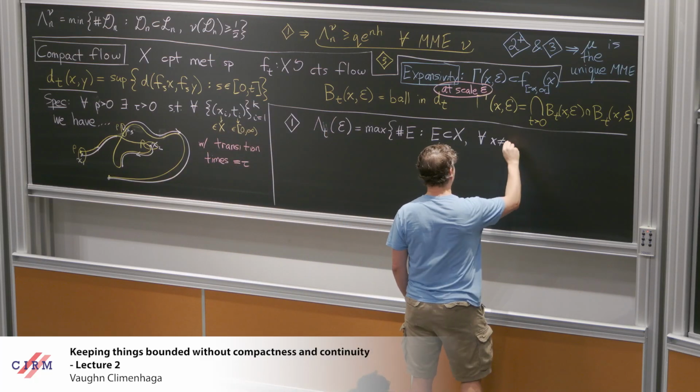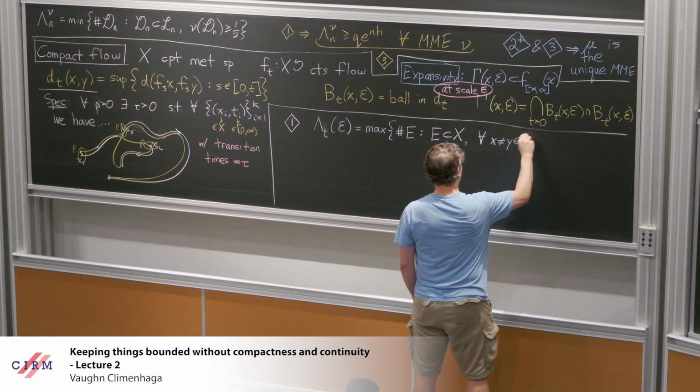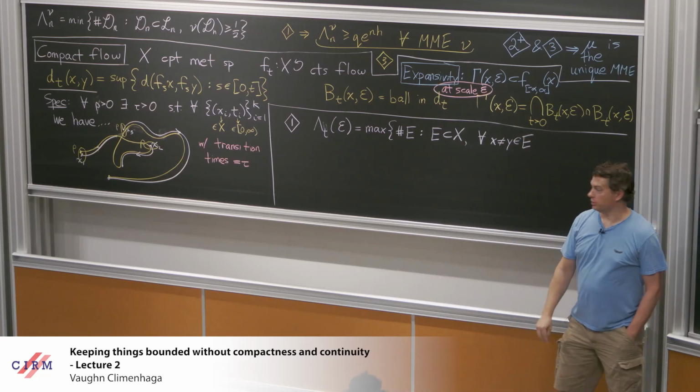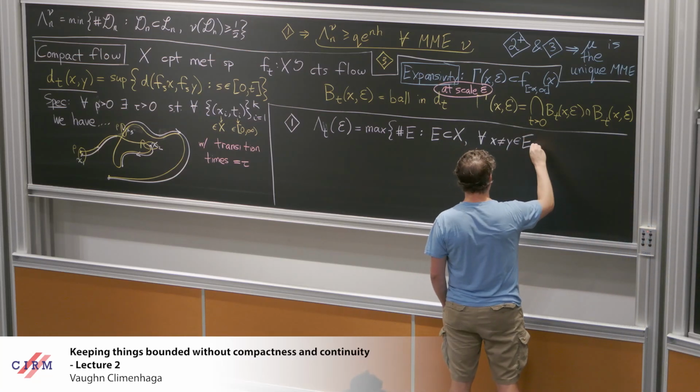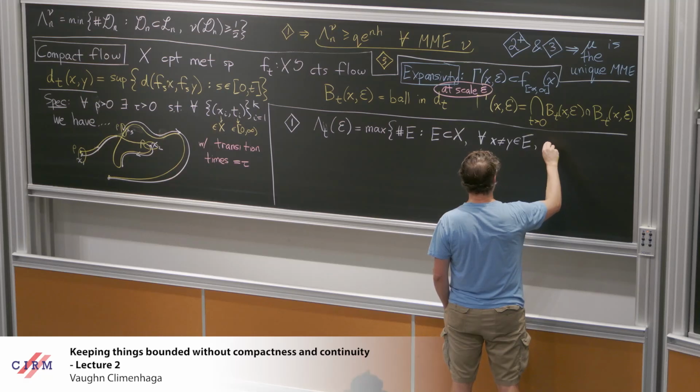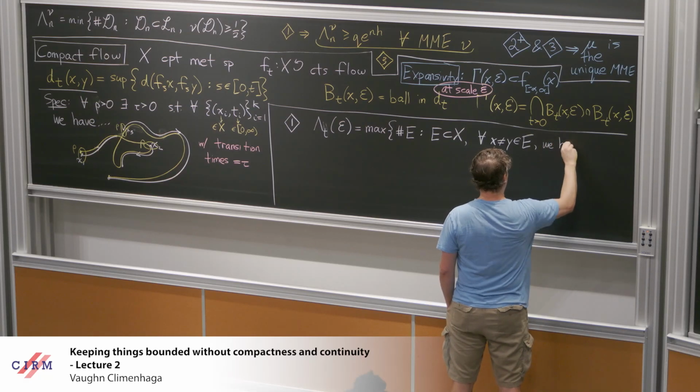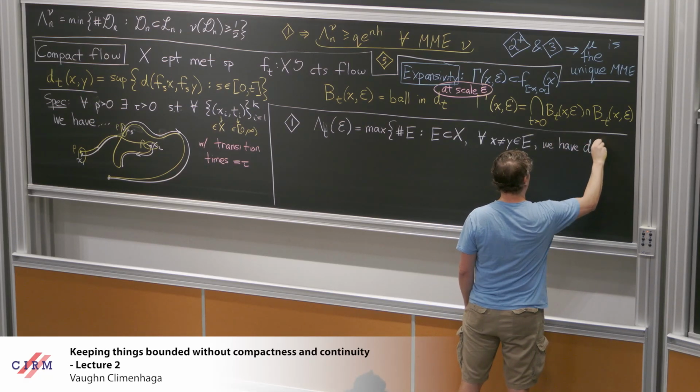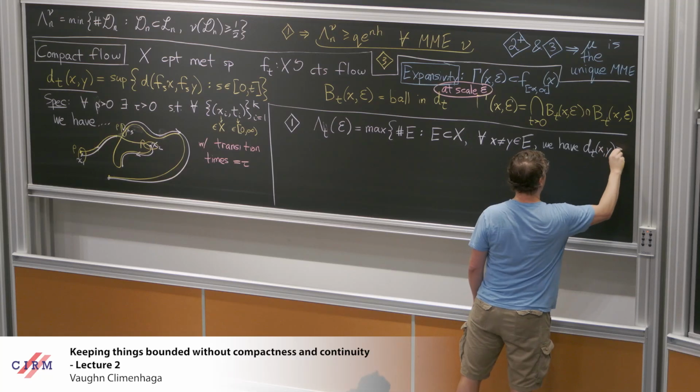I said it's a flow. This set should be t, epsilon separated in the sense that for every pair of points in E which are not equal to each other, the distance between them is greater than epsilon.